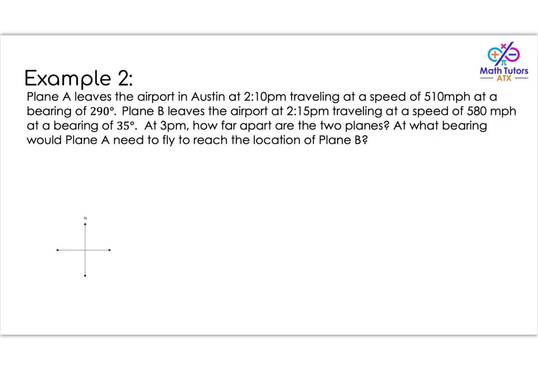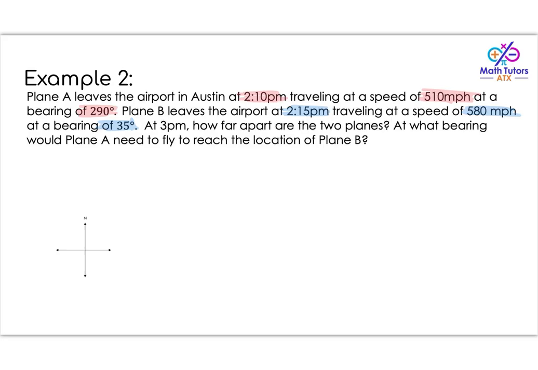So plane A leaves the airport in Austin at 2:10 p.m. It's traveling at 510 miles per hour at a bearing of 290. All right, and plane B leaves the airport at 2:15, traveling 580 miles per hour at a bearing of 35.